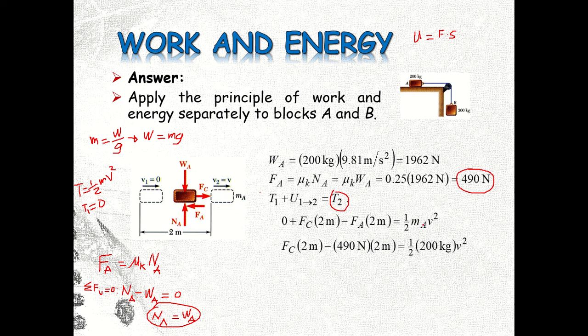This should be 1 half m sub A, where the subscript means block A. Substituting, the mass of A is equal to 200 kilograms, so we have 100 v squared, where v is the velocity that we're looking for. We can call this equation 1. Okay, so we have done block A.